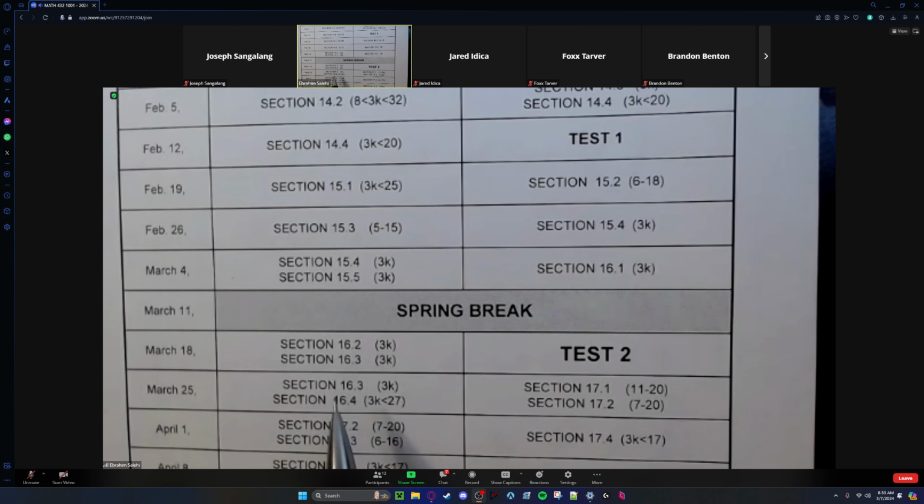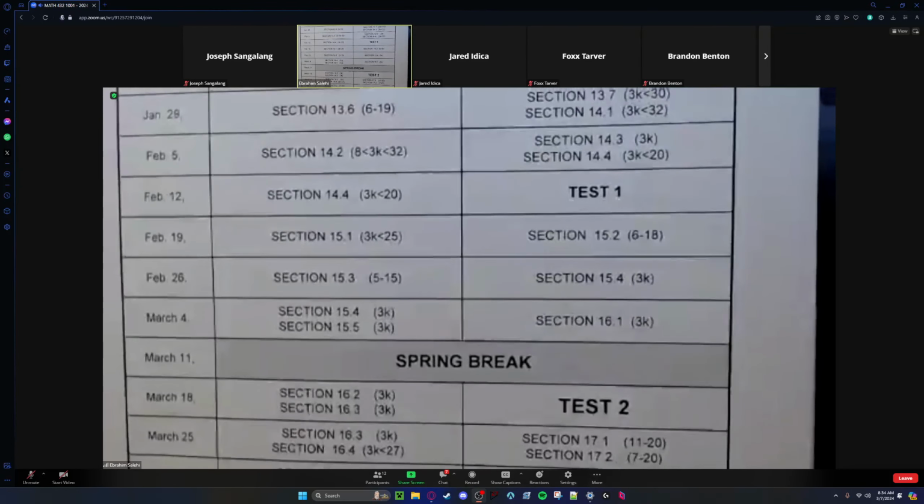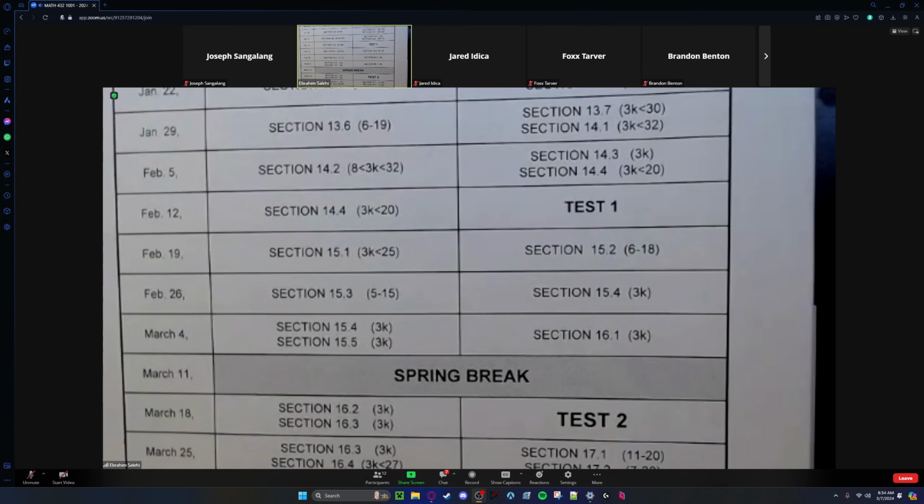And I have covered pretty much a part of 16.2, but there is an advantage of doing that because during the spring break, you can review those sections, and those sections 16.1, 16.2, and 16.3 will be in your test, all right? Okay. Any comment, any question?